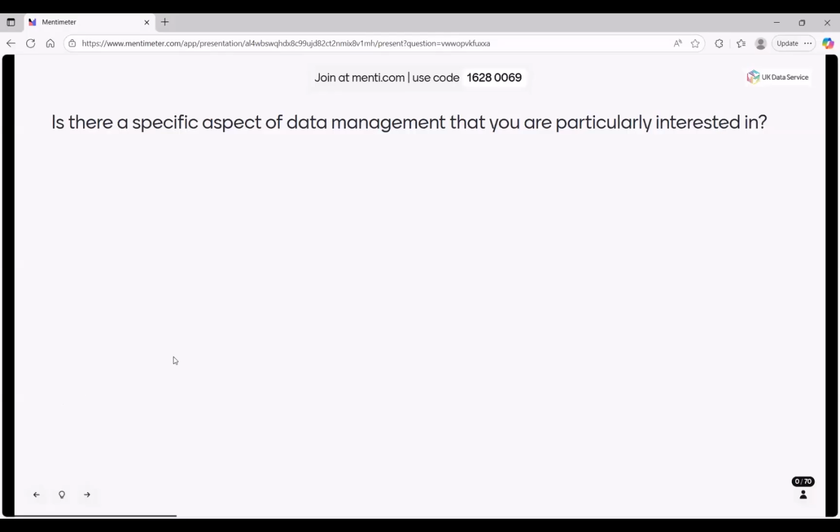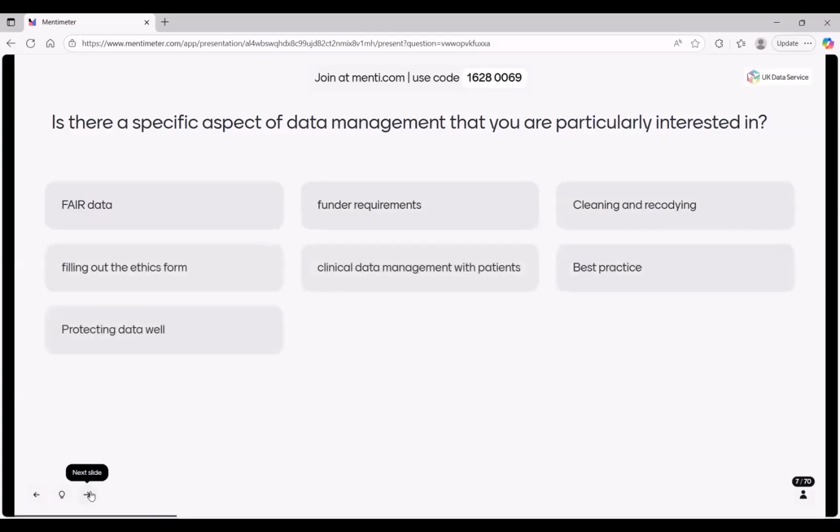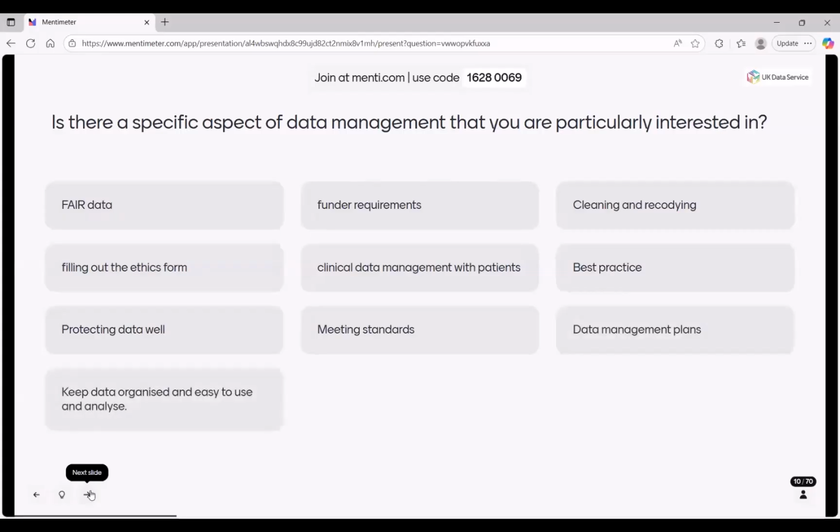So the next question is: is there a specific aspect of data management that you are particularly interested in? FAIR data. We will touch upon this briefly, but I have provided links for you that you can explore later on.